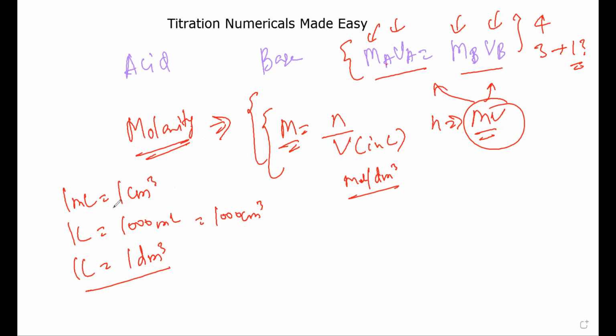You just have to remember that 1 ml is 1 centimeter cube, and accordingly 1 liter will have 1000 centimeter cube. These are some basic information which you must keep in your mind to solve the titration numericals, and when we solve the examples that follow, your titration numericals will come in very handy and you will feel very comfortable while being assessed.